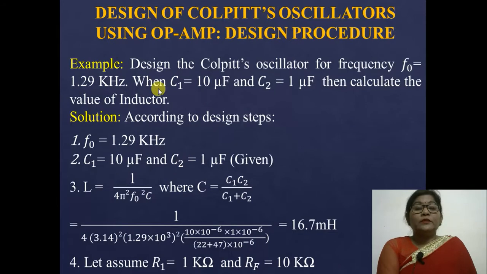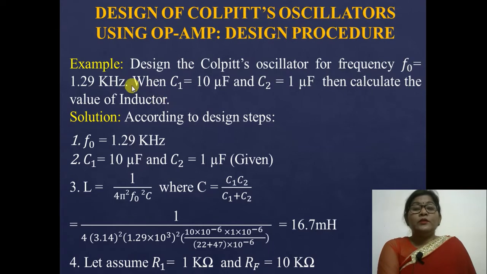Now take one example. Design the Colpit oscillator for frequency f naught equal to 1.29 kilohertz when C1 is 10 microfarad and C2 is equal to 1 microfarad. Then calculate the value of inductor.